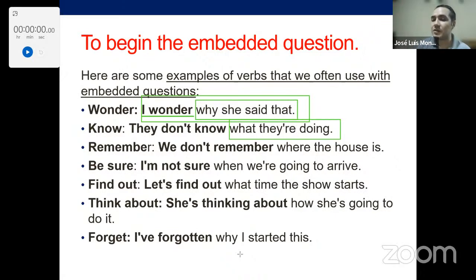So if it's the present continuous, you don't need, okay, this is important, if you have the verb to be, you don't need an auxiliary. So here you don't need any auxiliary, you only need to invert. So how would it be? What are they doing? Correct. Okay. Very well. This one over here.